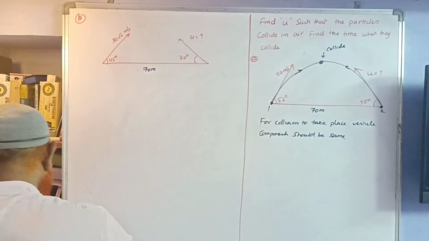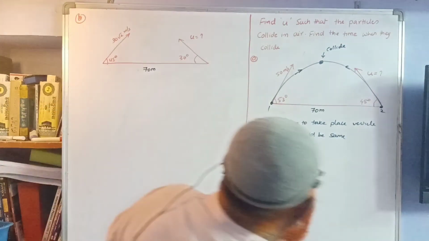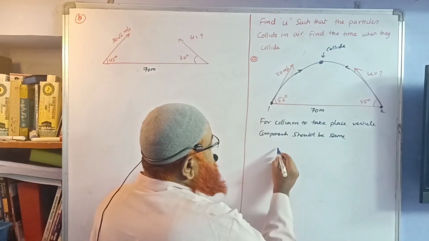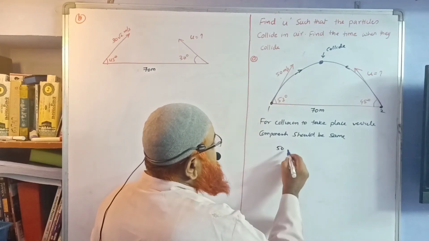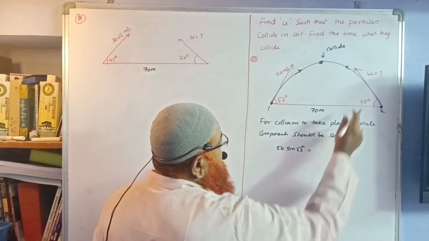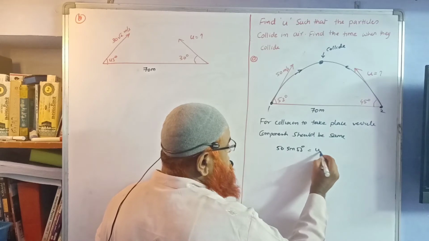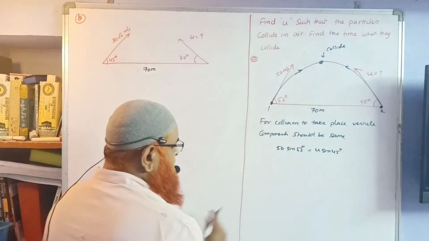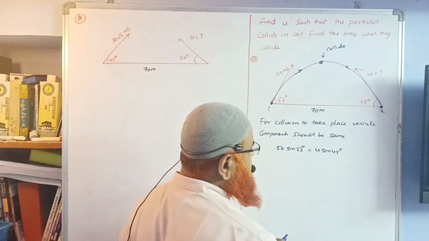That is the condition here. So let us see what is going to happen now. Here, if you observe, the vertical component is 50 sine 53 degrees, which is equal to u sine 45 degrees, since we don't know this velocity. You know the value of sine 53 degrees.